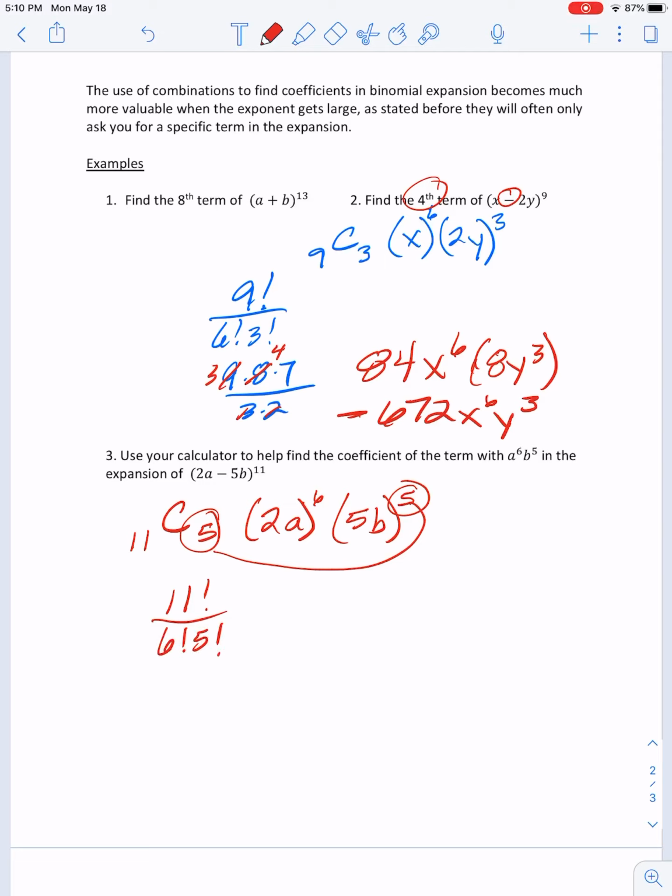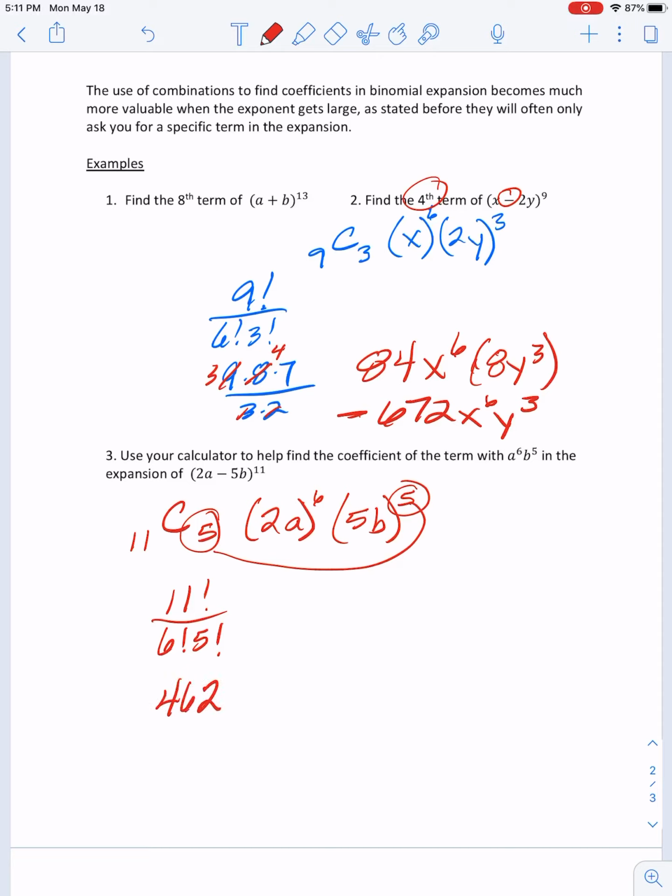And you'll notice again that those numbers in the denominator are the same as your powers up there. So again, use your calculator this time and just go 11, math, probability, option 3, and put in a 5, and you'll get that this part here is 462.